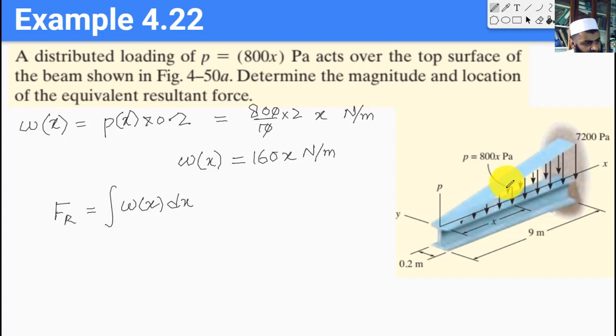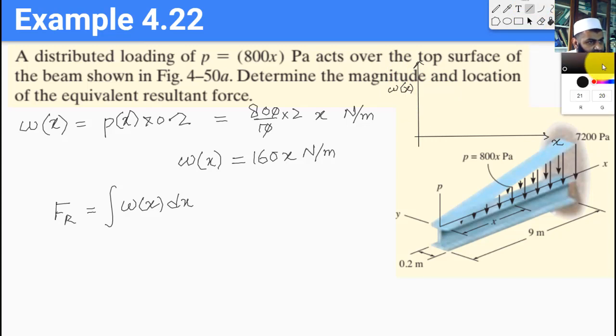And in this case, if I were to plot the W of x function, let me plot that here. So this is my x-axis and this is my W of x axis. So this is x. Here I plot the W of x function. I know that this is going to be a straight line.